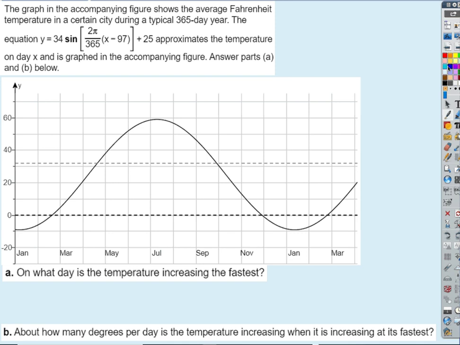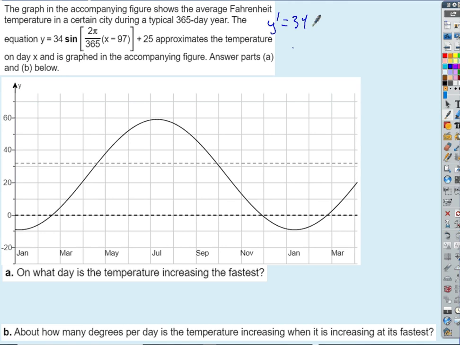So this is y. What's y prime going to be? By the chain rule, I've got my 34 out front. And then, what about the plus 25 at the end? It just goes away, right? So really, I just have to differentiate this sine function. Well, what's the derivative of sine of something? Cosine of that.